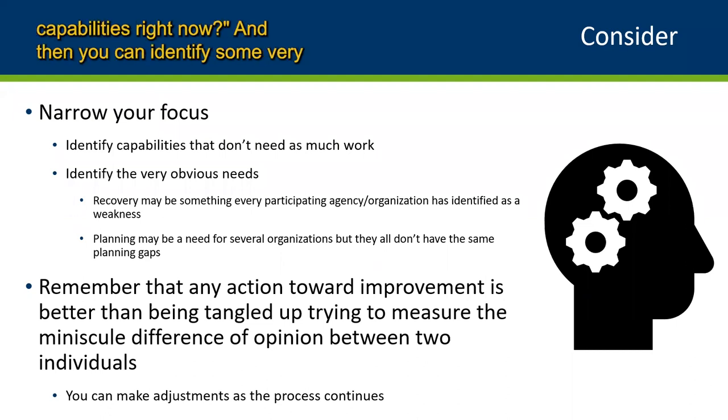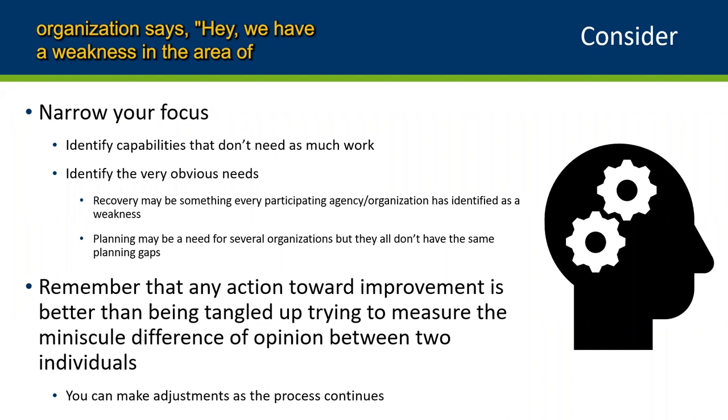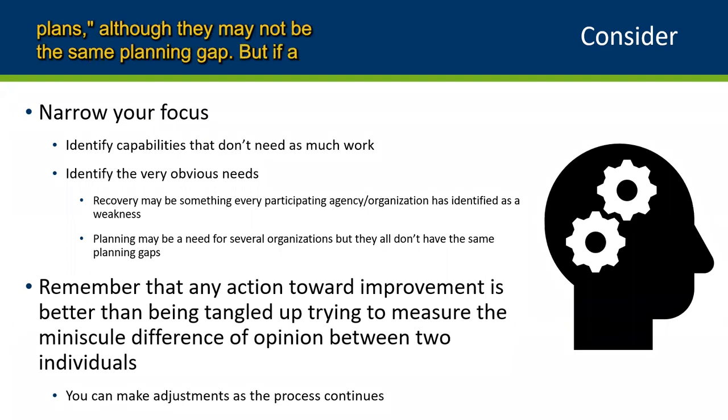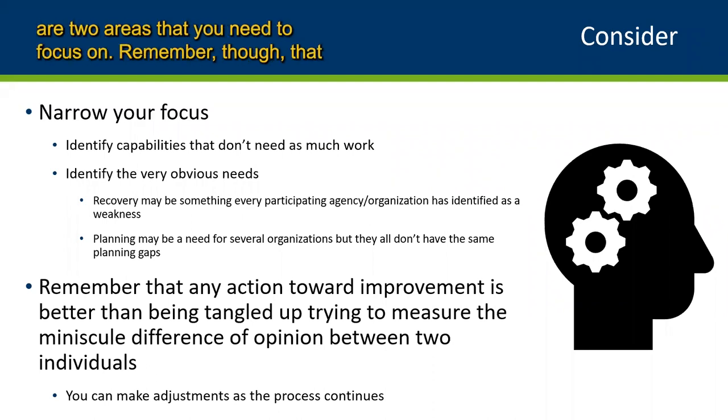And then you can identify some very obvious needs. So recovery is something that perhaps every organization says, hey, we have a weakness in the area of recovery. But a lot of them may say, we have gaps in our plans, although they may not be the same planning gap. But if a lot of people say planning, you know that recovery and planning are two areas that you need to focus on.